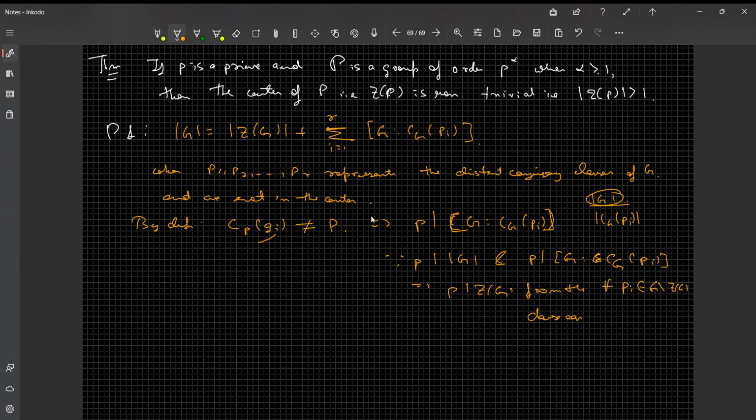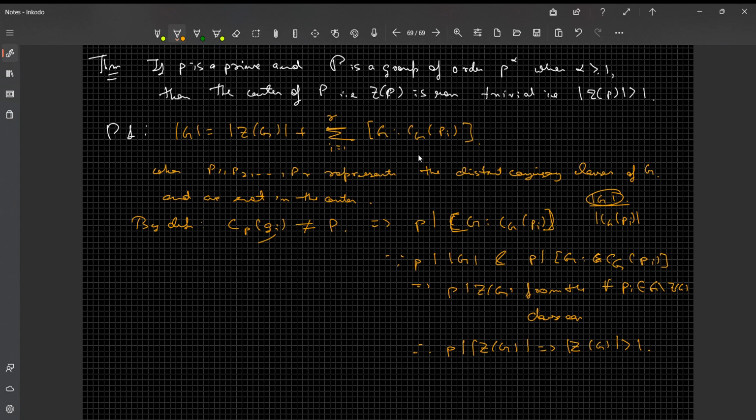Division holds on either side of equality, right? So p divides all the elements in this sum, that means p must divide the order of Z(G) as well. But that implies the order of Z(G) must be greater than 1. Otherwise, how can a prime divide this very number, right? Clear?